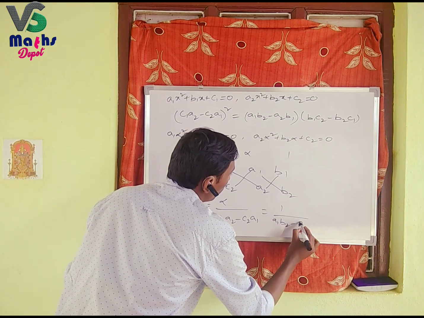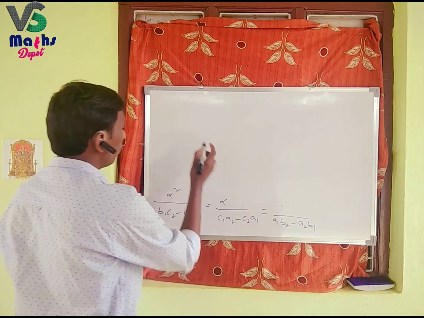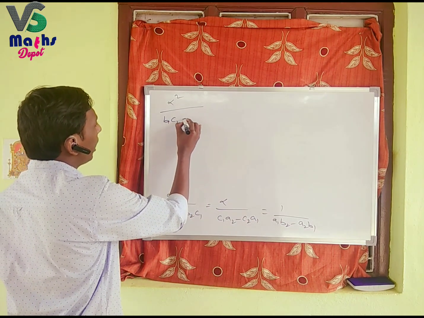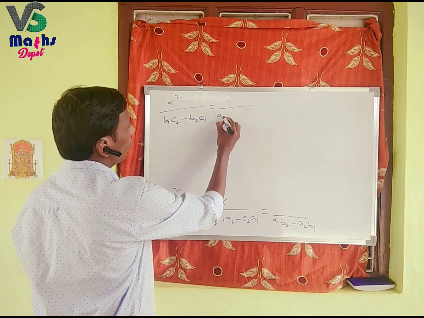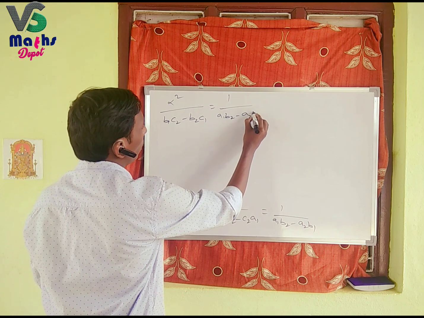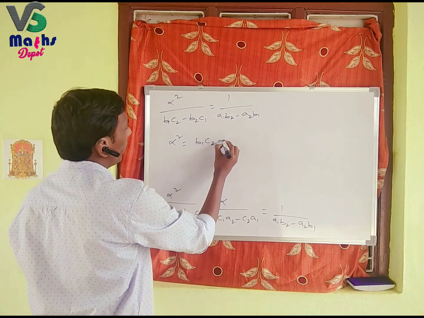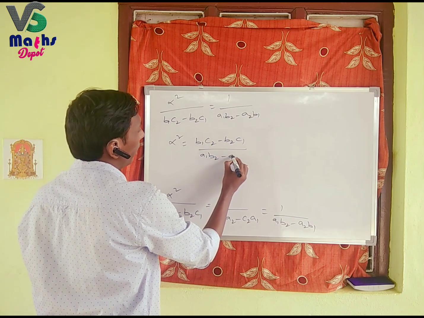b2 minus a2 b1. Now equating these two, we get alpha square by b1 c2 minus b2 c1 is equal to 1 by a1 b2 minus a2 b1. Then alpha square is equal to b1 c2 minus b2 c1 by a1 b2 minus a2 b1.